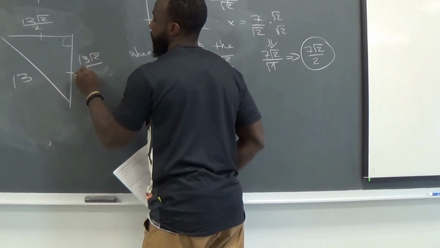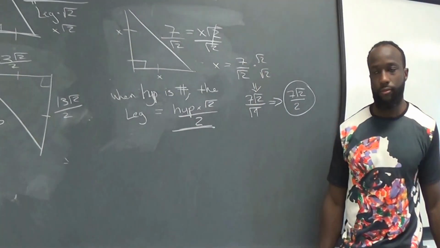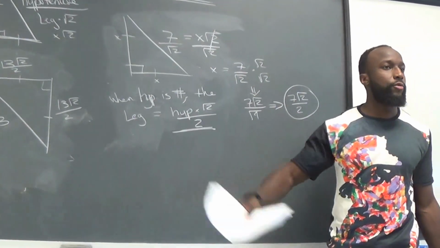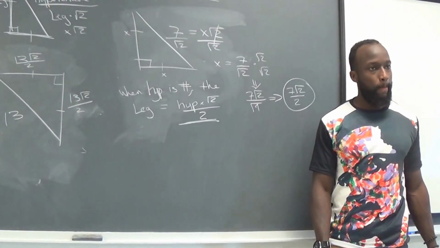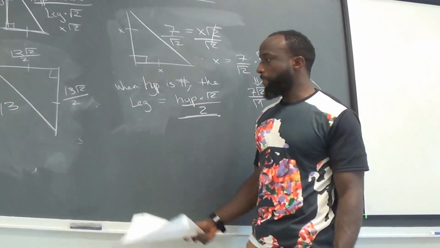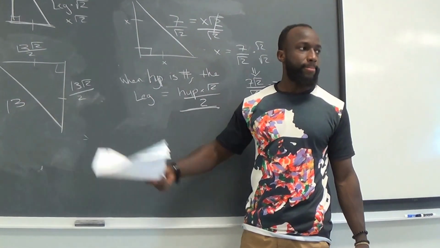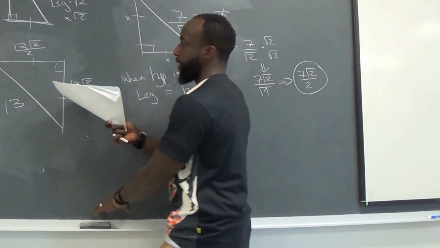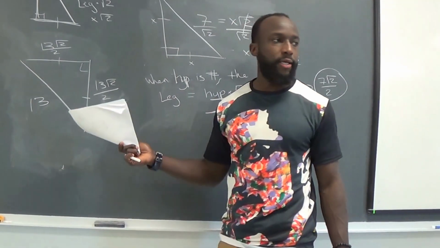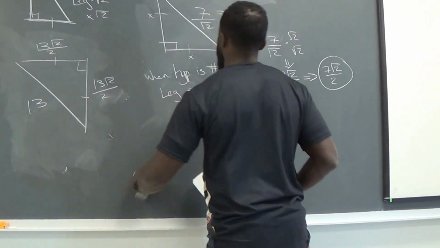Can 13 root 2 over 2 be simplified any more? Why not? Right, 13 is odd. It's not even.